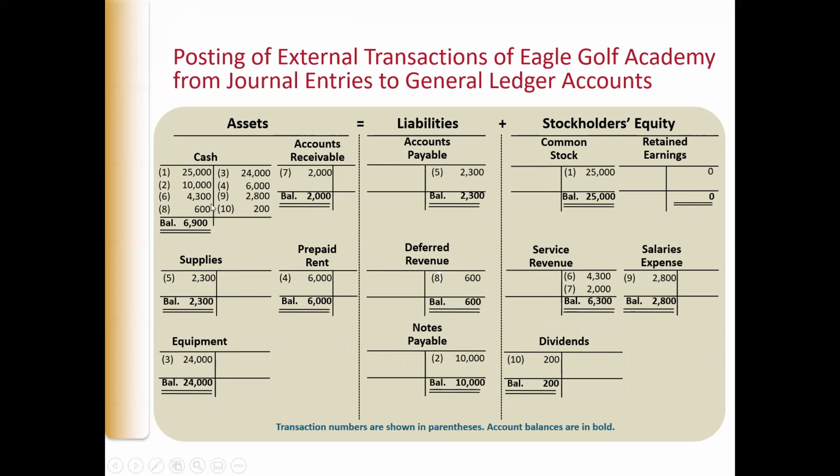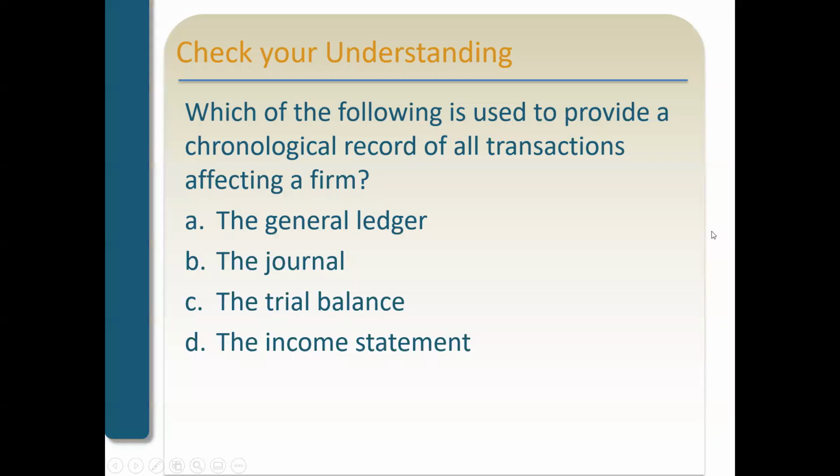If we took all these balances, 6,900, 2,000, 6,000, 2,300, and 24,000, guess what?